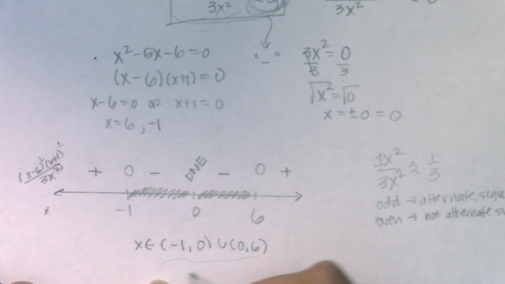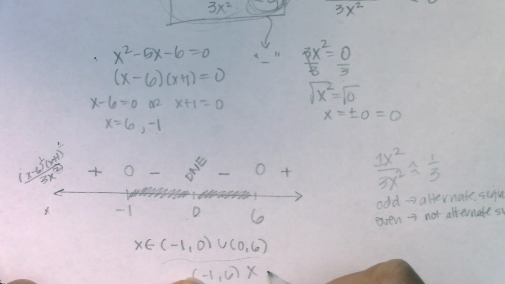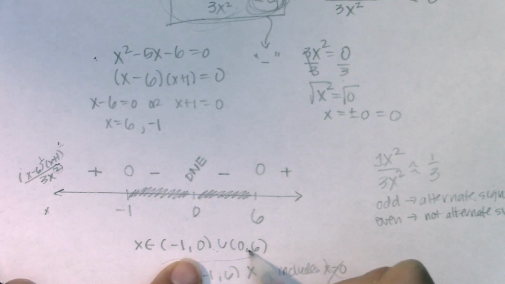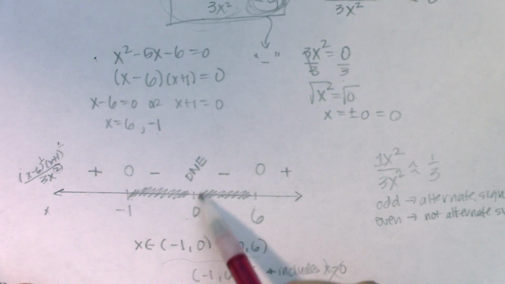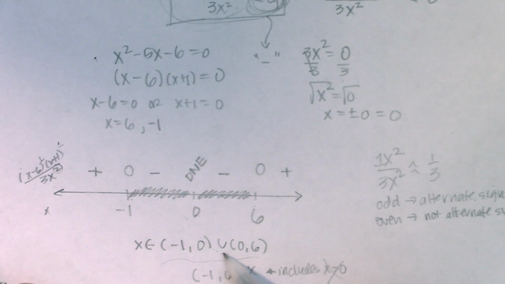If you had told me negative 1 to 6, this is incorrect because this interval includes 0, which does not exist. It might look like negative 1 all the way to 6, but because 0 is a DNE, we need to remove that possibility from our answer.